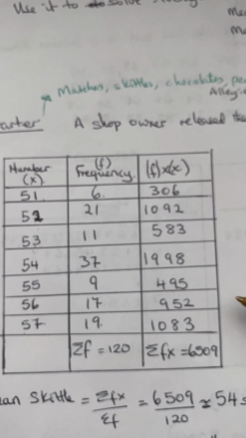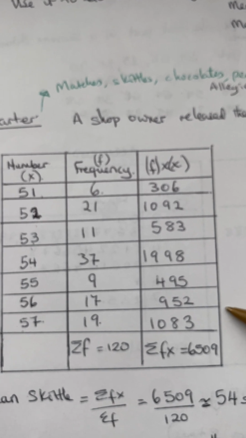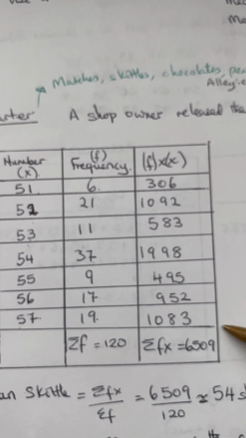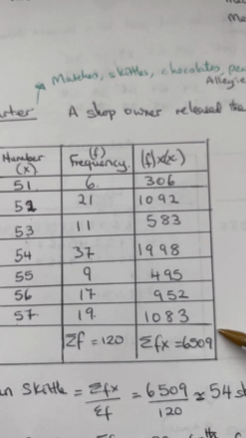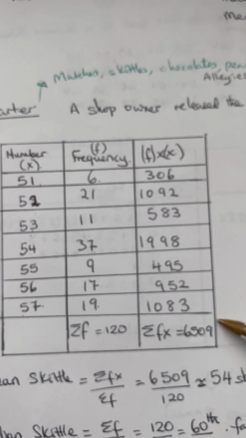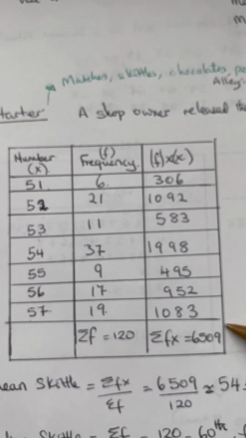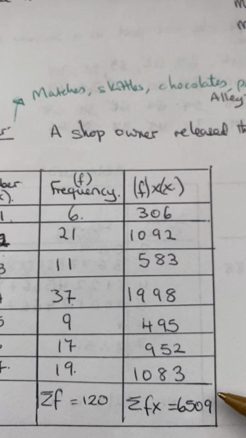That is why I keep on encouraging you with this kind of question. It's most likely you will use a calculator, so start getting used to your calculator. Don't always do it on the phone. Use your calculator so that you start getting used to the functions.